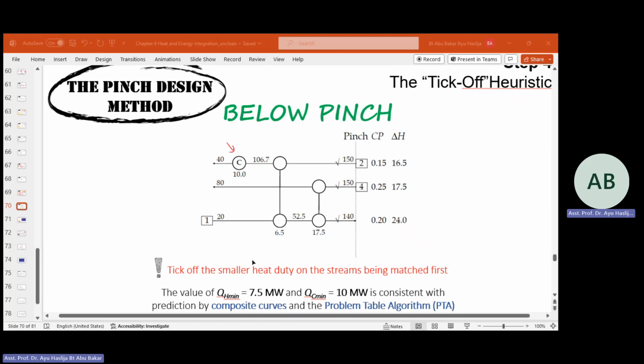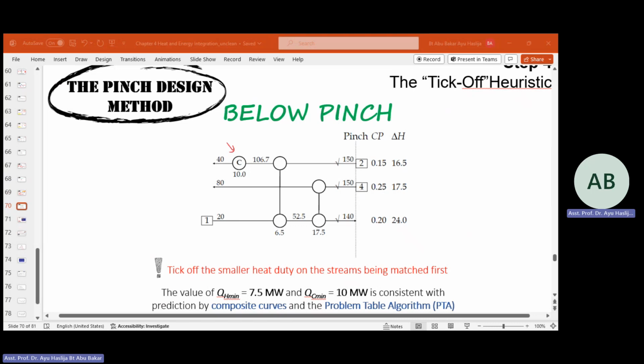So there's a note down there: those requirements only apply at the pinch, and when both ends of the match are at pinch condition.